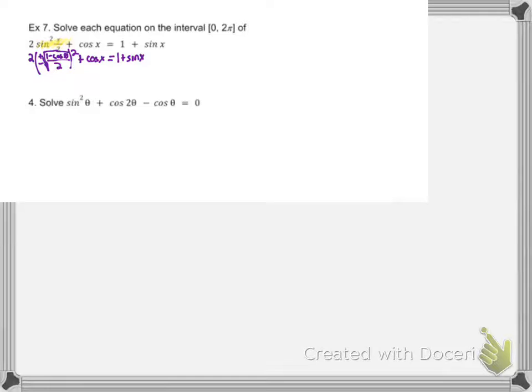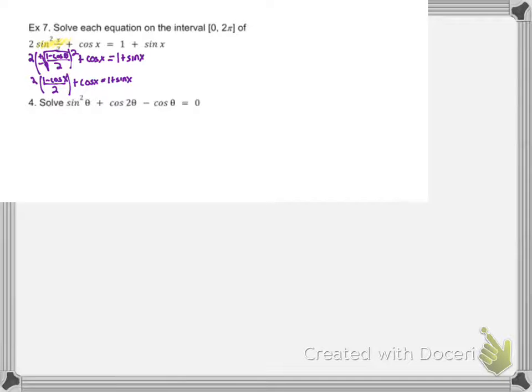We have plus or minus the square root, but the whole thing's being squared. When you square anything, remember that always makes it positive. So I can drop the plus or minus and the square root now, and I can just write it as 2 times 1 minus cosine x over 2 plus cosine x equals 1 plus sine x.